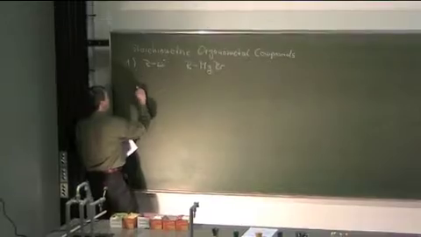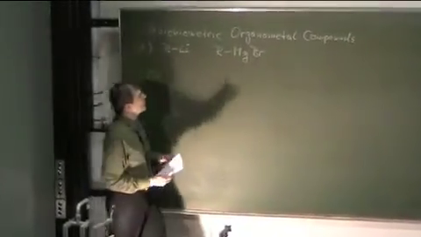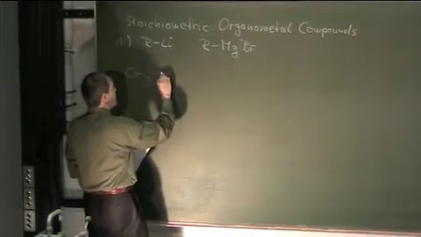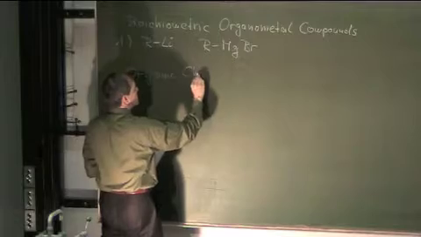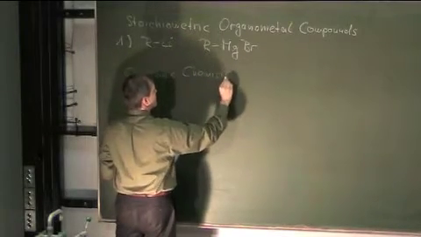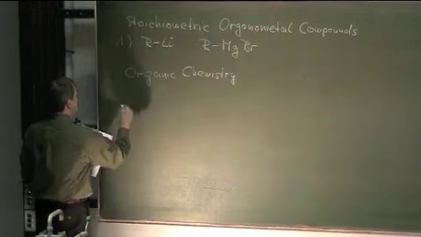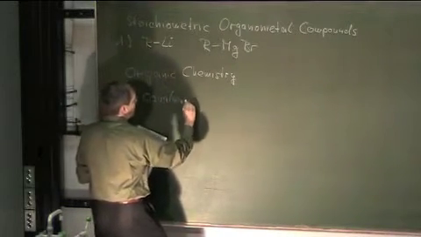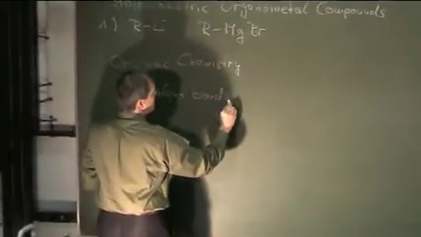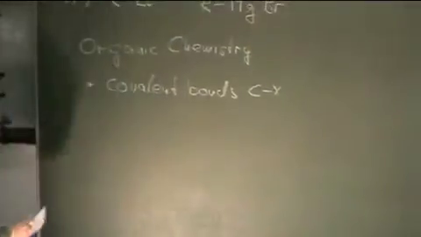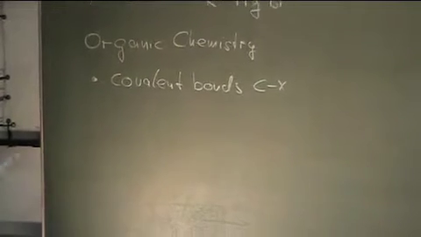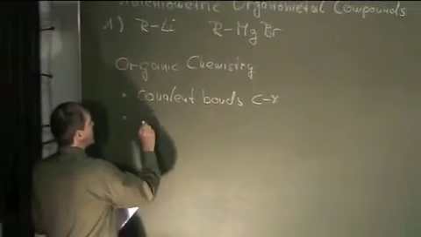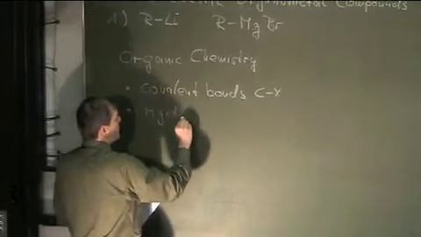Let's very briefly introduce the concept of organometallic chemistry. We have on the one hand organic chemistry, and here we usually deal with covalent bonds of various types. They are more or less rigid in geometry.